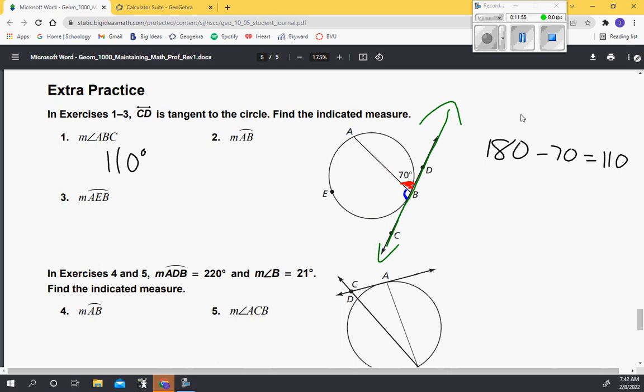Next, we want to find the arc of AB. Remember, to find this arc, you just take your degree measure here and multiply it by 2. So 70 times 2 got us 140 degrees.